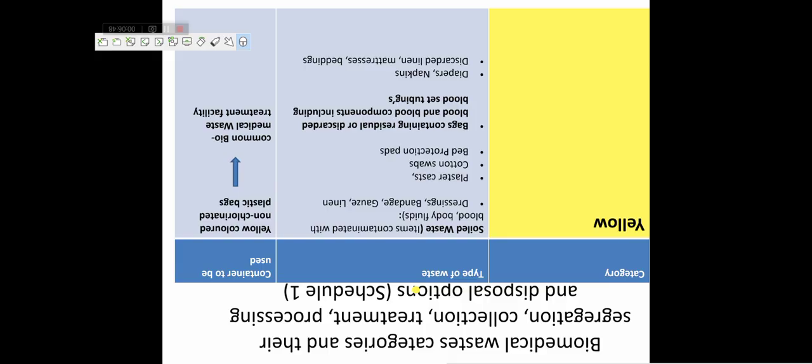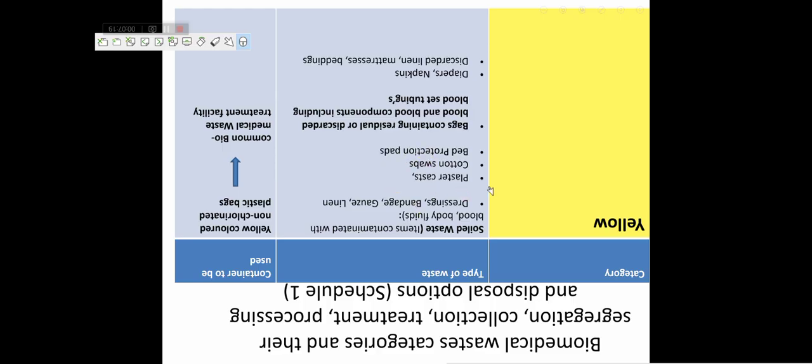So here the category is yellow dustbin, yellow bag. Why are you using it? In the yellow bag there will be soiled waste, right? Means items which are contaminated with blood or body fluids, like dressings, bandages, gauze, linen, plaster kits, cotton swabs, bed protection pads.